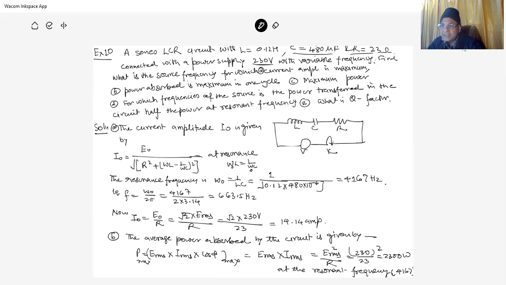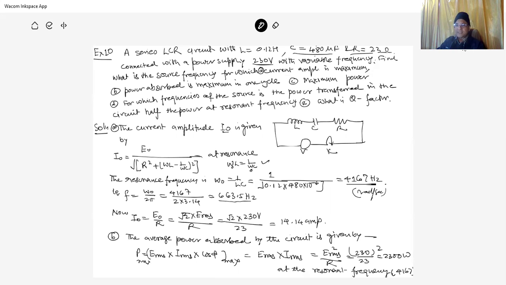Solution: the current amplitude I0 is given by E0 over the square root of R square plus omega L minus 1 by omega C, whole square. At resonance, the resonance frequency is 4167 hertz from this part. So omega is 663.5 hertz, here you can say radian per second.